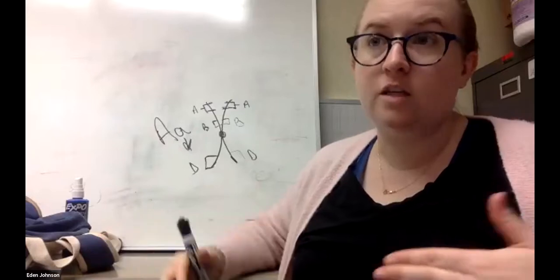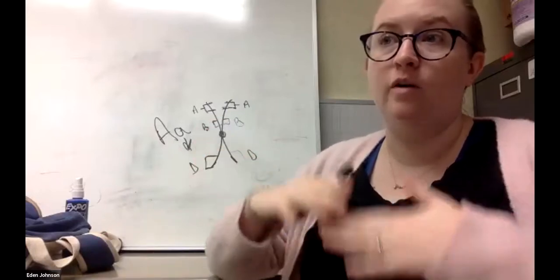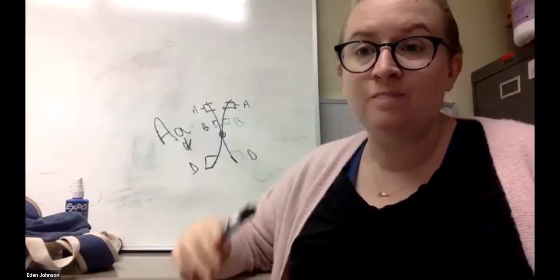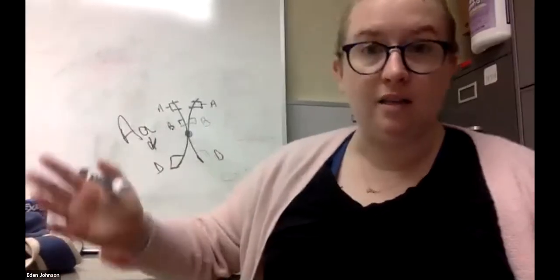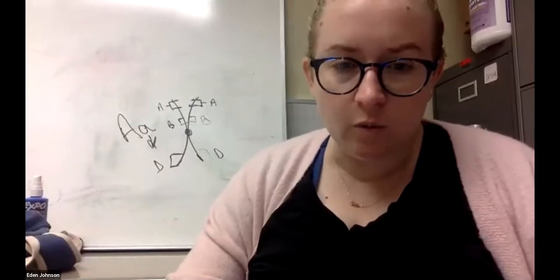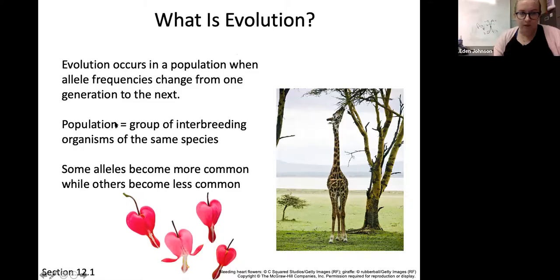Well, we have four. So as you're talking about number of alleles in a population and how those alleles can change over time, we need to talk about this allele frequency. So we're going to go back to our PowerPoint. All right, so we are going to talk about allele frequencies, how they change from one generation to the next, but a population, this is the biological definition of a population, is a group of interbreeding organisms of the same species.